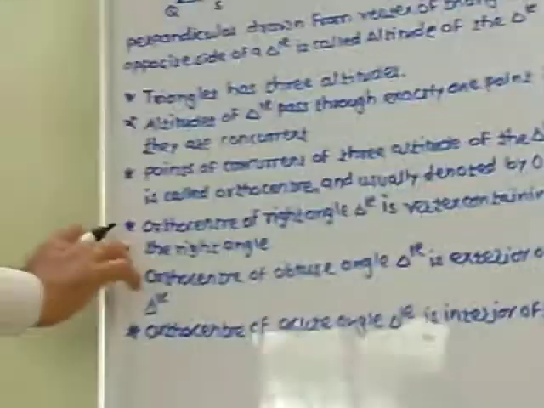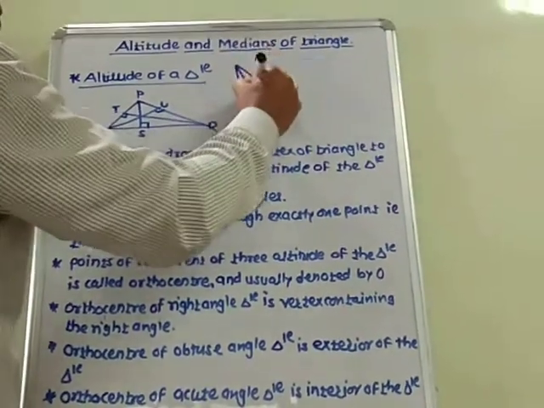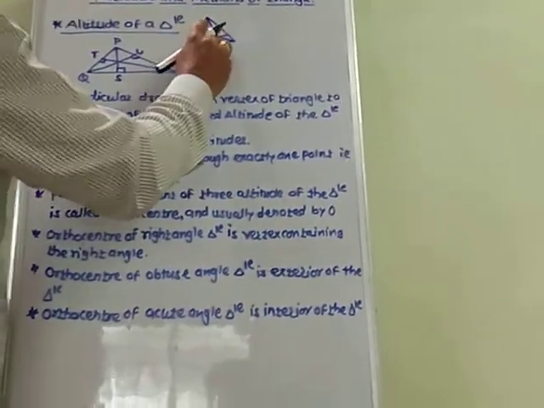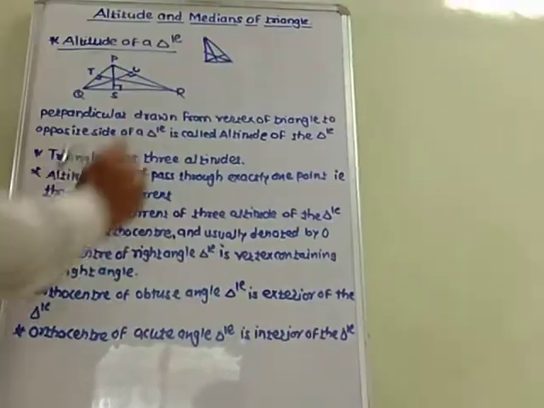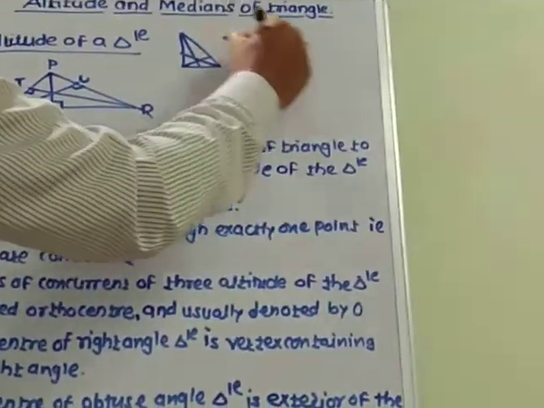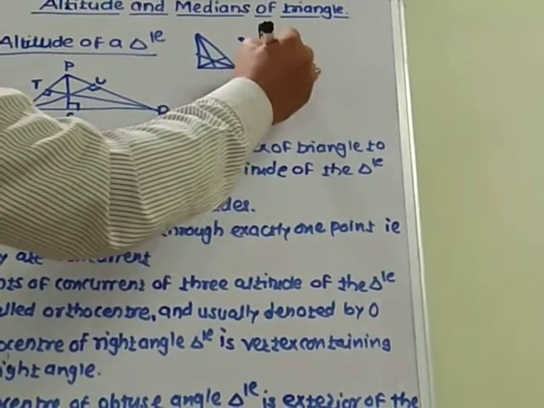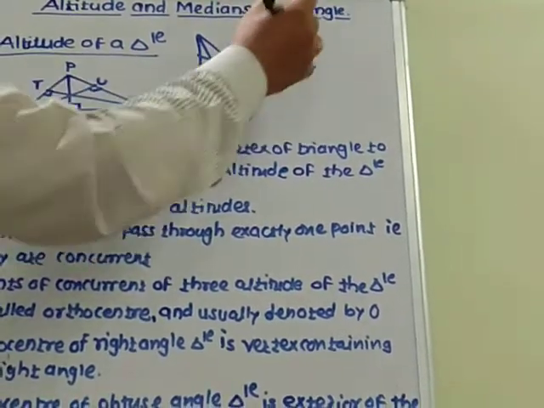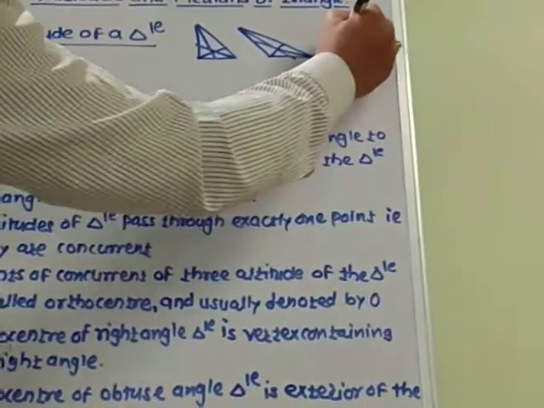The orthocenter of an obtuse angle triangle is here, outside, exterior. When we draw an acute angle triangle, the orthocenter is inside.